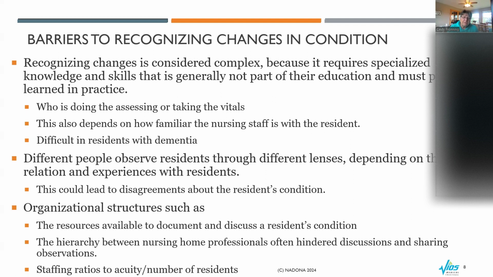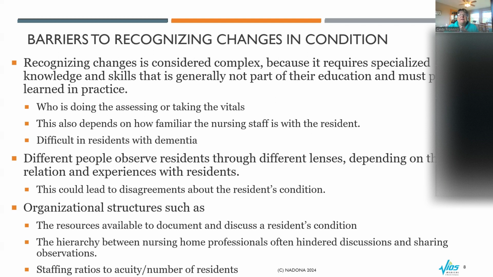Another barrier to recognizing changes in condition is organizational structure, such as what kind of resources you have to document and to discuss a resident's condition. What's the hierarchy like between the nursing home professionals that often hinders those discussions and sharing observations? Is there some kind of gap there where it becomes difficult to take things upward?